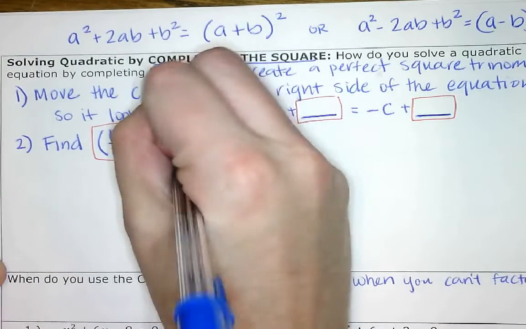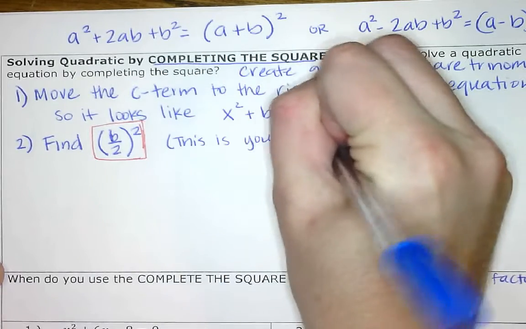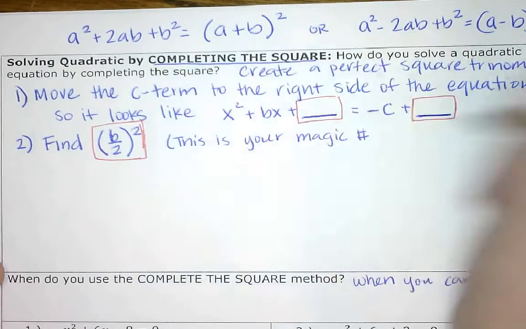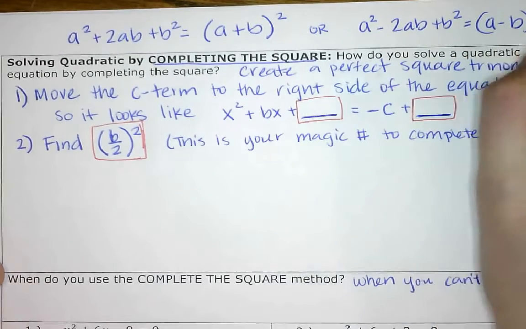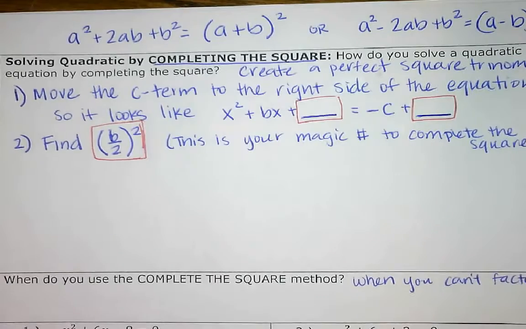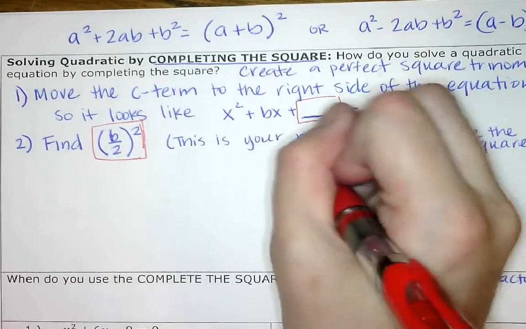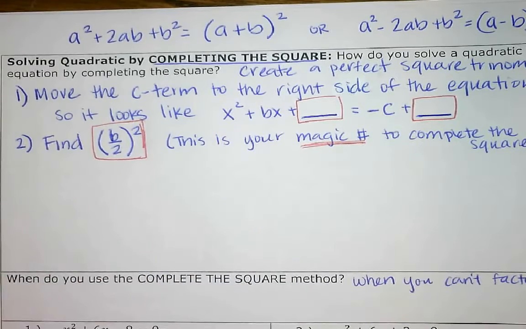So this is your magic number to complete the square. All right? So if you guys need to highlight that, box that, do something, b over 2 squared is going to be your magic number.